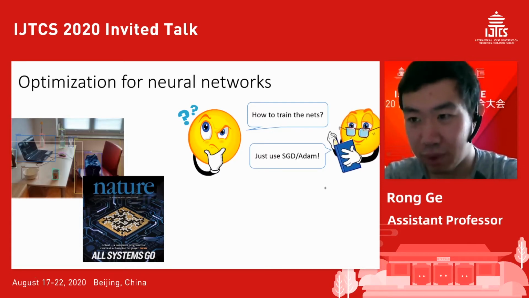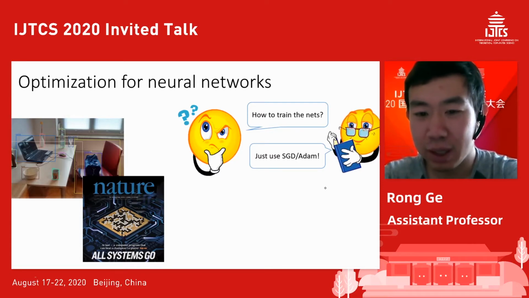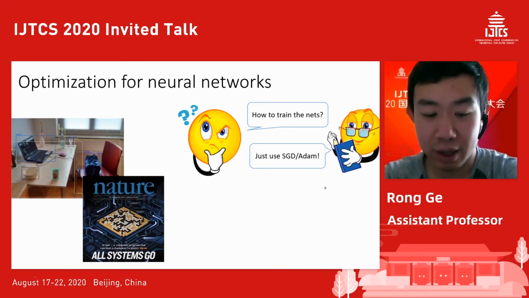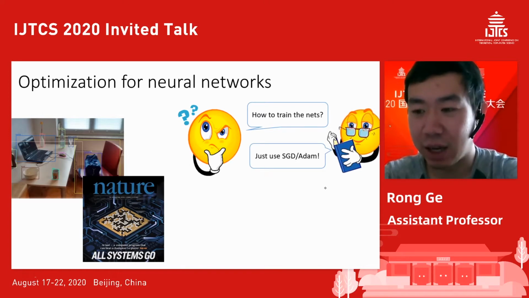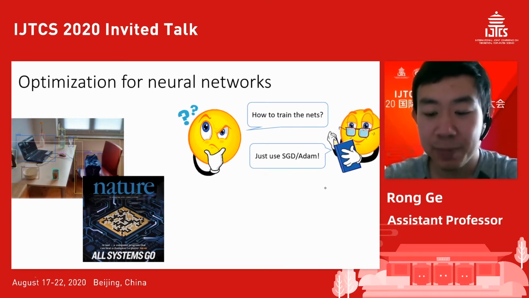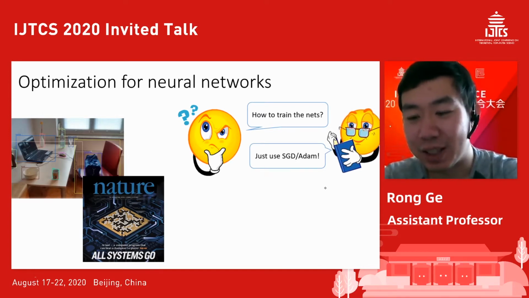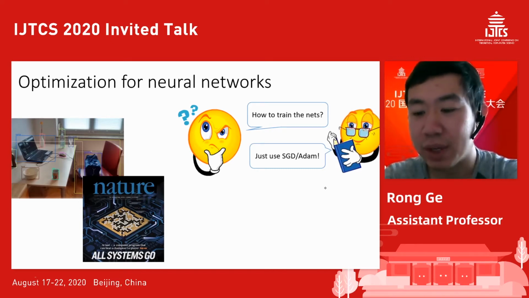So you can just write your code for your network, apply the standard optimizer, and hopefully, very magically, things are trained correctly.